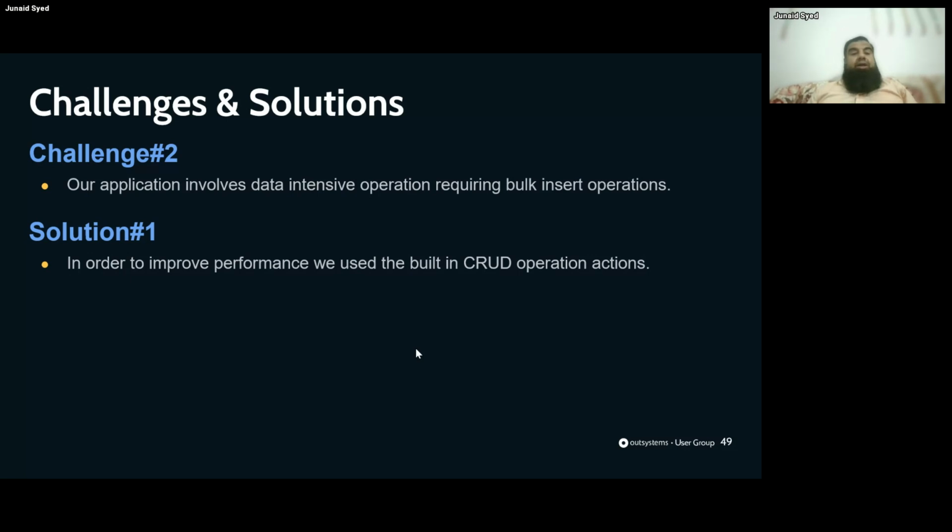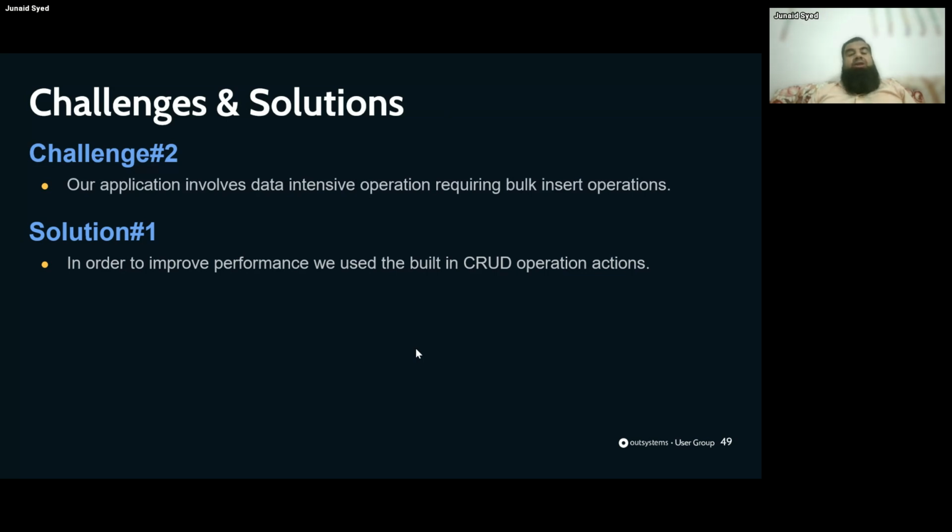And then there were certain activities which were required. There were a lot of data upload and download operations in our applications. For that, if you remember, in O11 we have to use the bulk insert Forge components. It was not a challenge, but rather kind of an improvement.